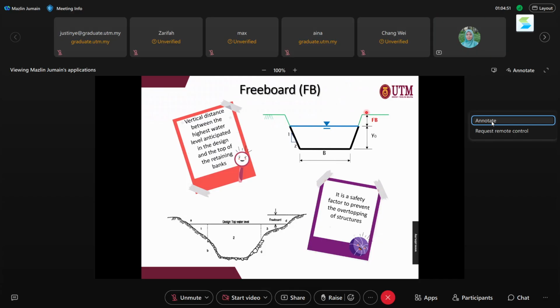This is the main purpose. Basically it is a safety factor to prevent the overtopping of the structure ataupun nak elakkan banjir lah. So when you design the drainage, we have certain level, certain distance yang boleh elak terus banjir in case of heavy rainfall.